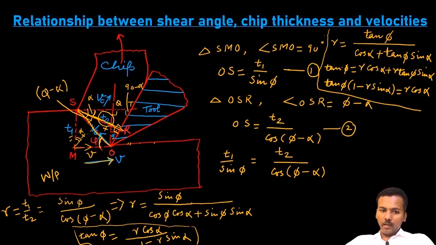Now if we increase this shear angle, and it becomes this much, now you will have to take the normal at this point. So now you see that the thickness of the chip that is formulated is going to decrease now.